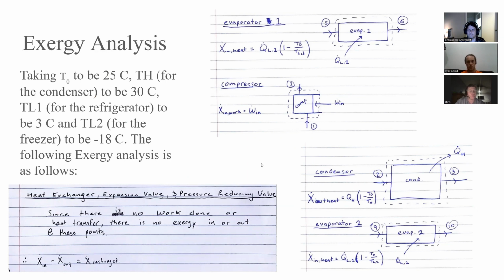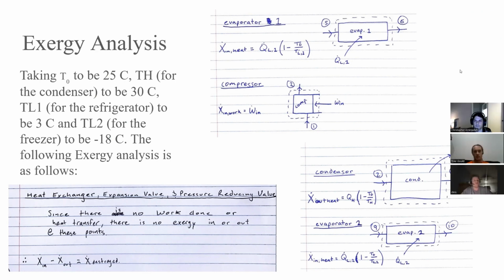All right, so here I'll be diving into the exergy analysis. So some important temperatures that needed to be set in order to calculate our exergy would be our TO set at 25 degrees Celsius. That is going to represent essentially room temperature that this system would be placed within.